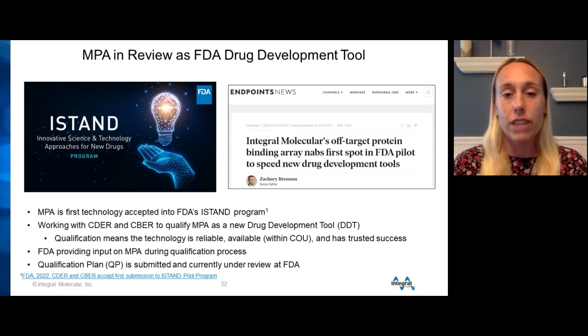And since then, we have now been working with CDER and CBER representatives to qualify the MPA as a new drug development tool. We've received feedback on the MPA technology and its uses. We have taken that into consideration in our product development and in the preparation of our qualification plan. We have since submitted our qualification plan for review. It was accepted for review, and we hope to have full approval in 2025.